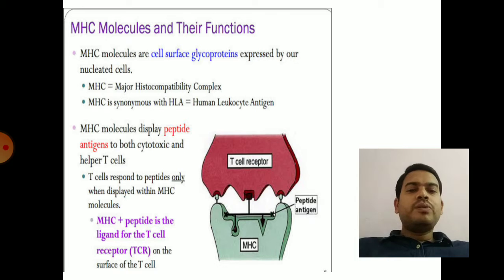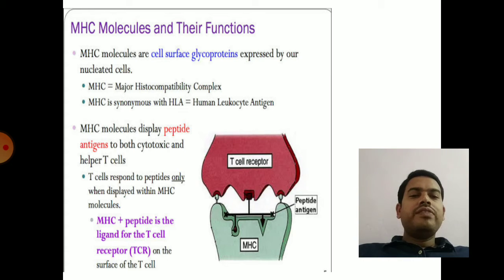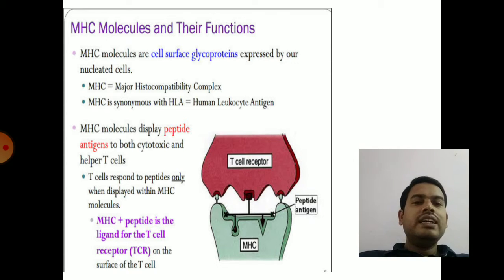So the T cells respond to the peptides only when MHC molecules present them. So activation of T cells is done when MHC molecules which are present on the cell surface of all nucleated cells and antigen presenting cells present the antigen to the T cells. So you can clearly see the T cell receptor in the diagram and the MHC molecule.